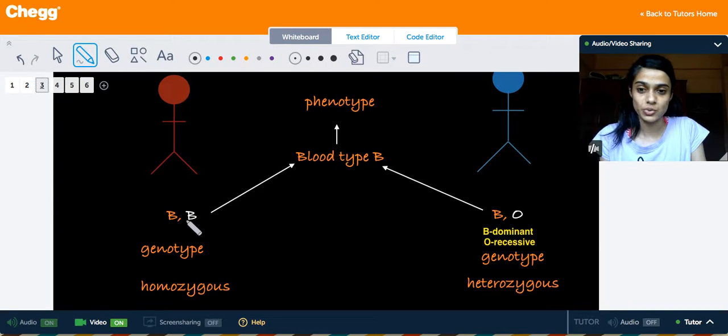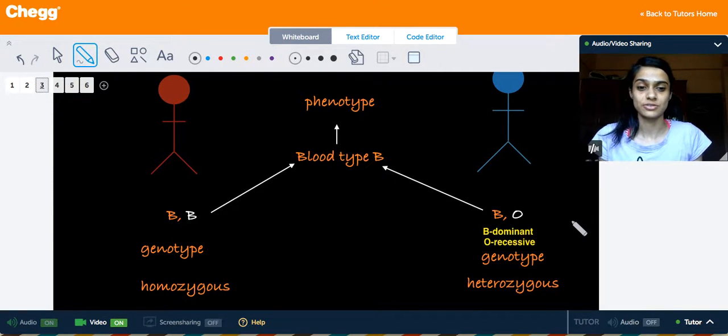Now, in this situation, both of these people, the red guy and the blue person here, are going to have a blood type of B, because the B allele is dominant over the O allele, which means that whenever there are two different alleles and one of them is O, the other one is always going to win, or mask the effect of the recessive allele.